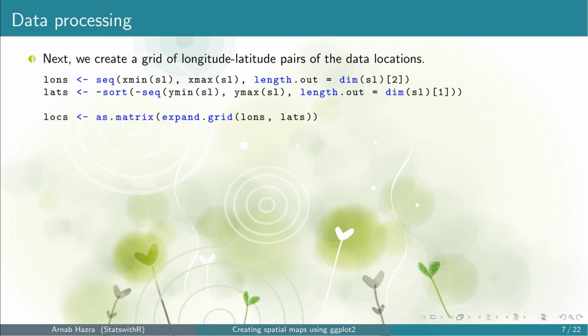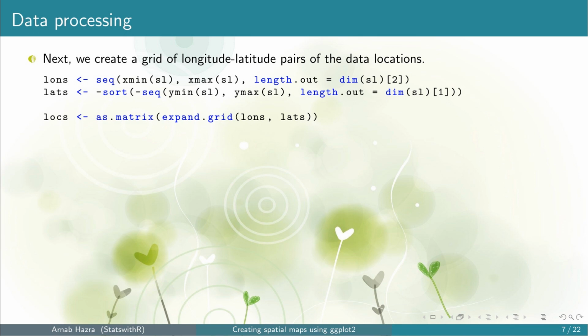Next, we create a grid of longitude-latitude pairs of the data locations. The values of longitudes are given by a sequence starting with xmin, ending with xmax, and the length of the grid is 182, the number of columns. Next, the values of latitudes are given by a sequence starting with ymin, ending with ymax, and the length of the grid is 243, the number of rows.